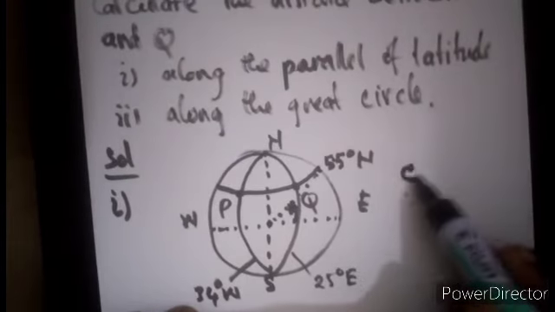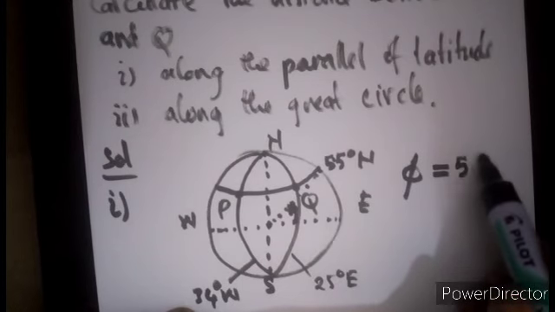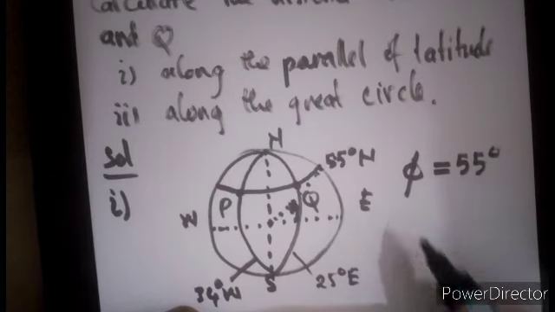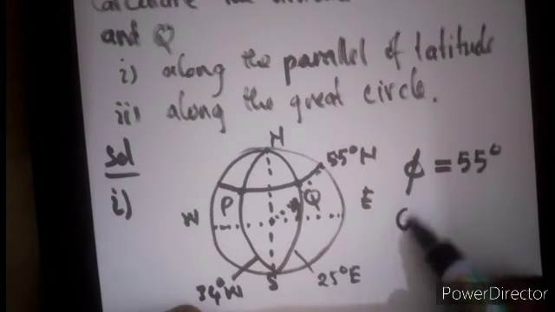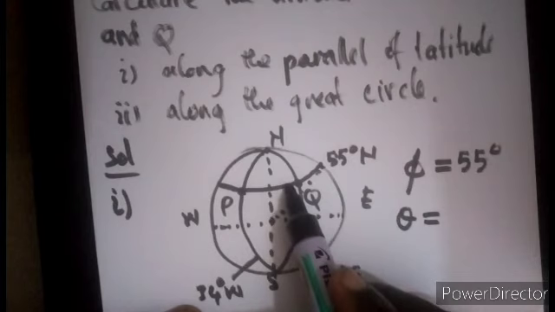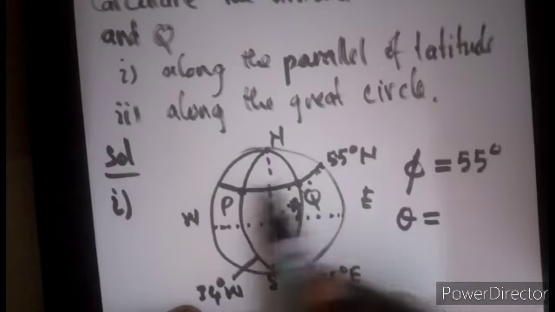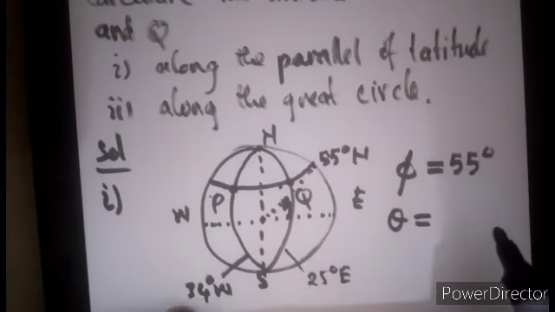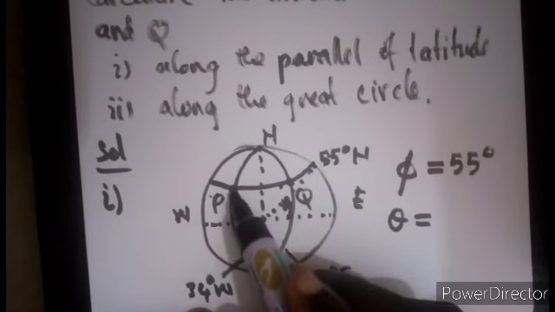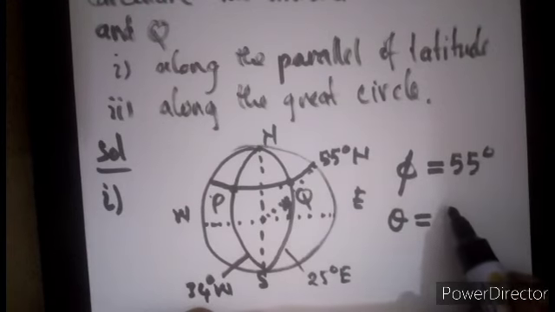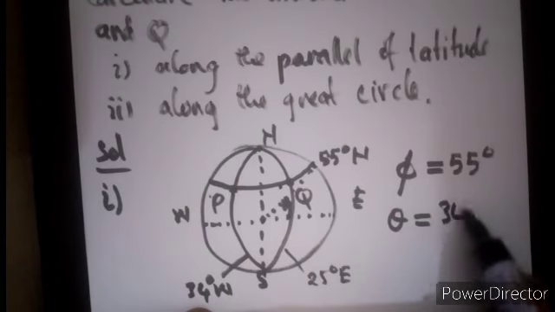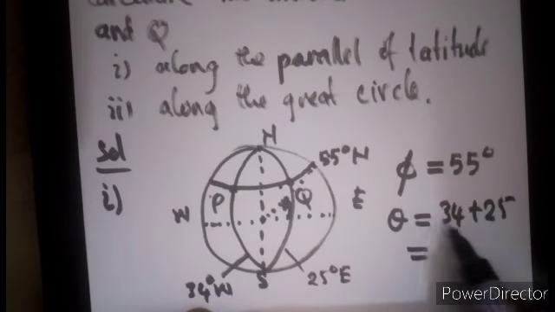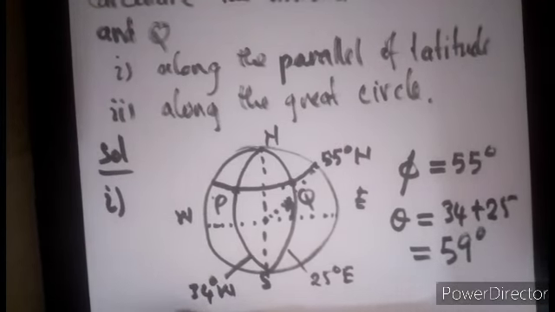From here we see that phi is 55 degrees, the angle of the latitude, and the angular distance theta, these 2 points have the same latitude and are on different parts of the longitude. So as a result, we add the angles of the longitude. So we have 34 plus 25, which gives us 59 degrees.